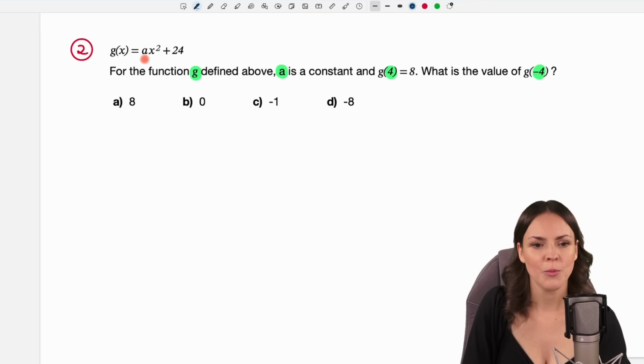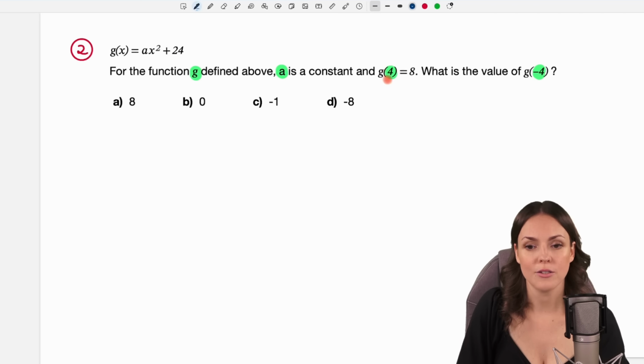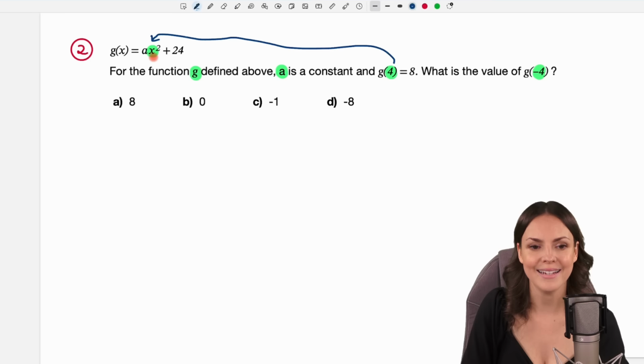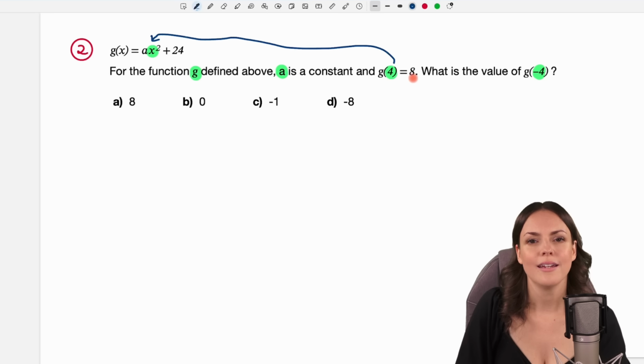So this time we get this function here, and they tell us if we insert 4 into our function, so if we take the 4 and insert it here for our x, then we get a result of 8. And the question is, what happens if we insert negative 4? So not the positive 4, but the negative 4. What happens if we insert it into our x here?